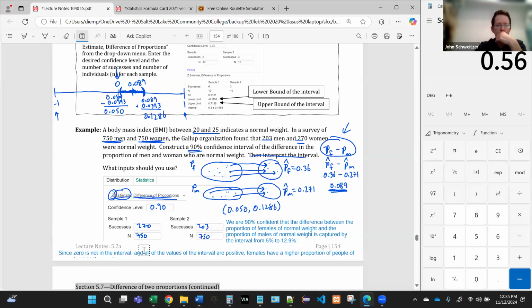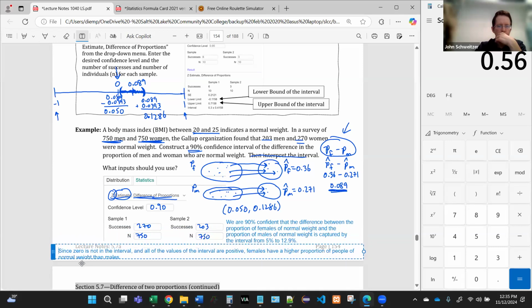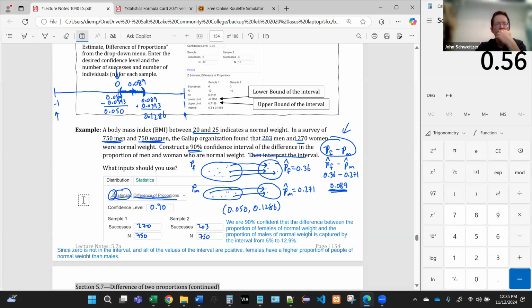Just making sense? I'm running out of room here. Let me pull this down right here. And then, not to confuse things, but just to make this as useful as possible, let me add in another thing here.